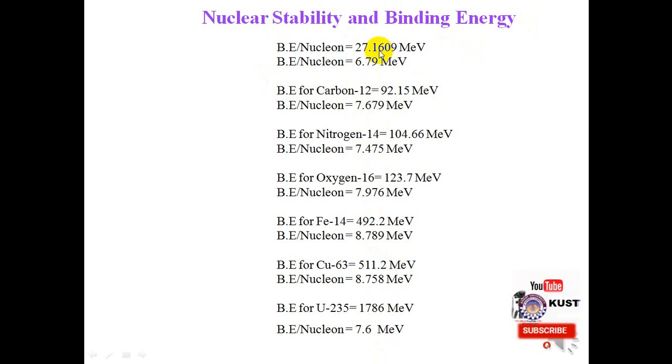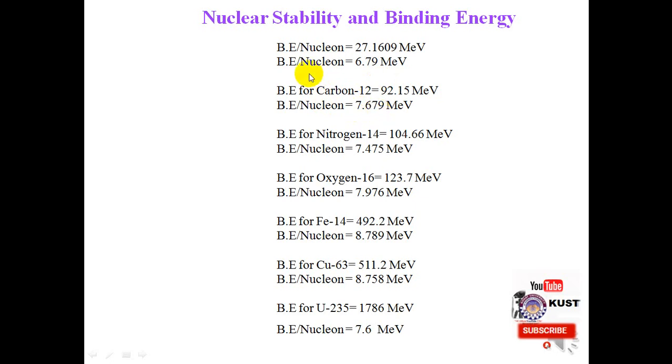We know that the binding energy increases as the number of nucleons increases. For example, for helium 27, for carbon 92, for nitrogen 104, and so on. And the binding energy per nucleon, for example, for helium is 6.79, for carbon is 7.62.